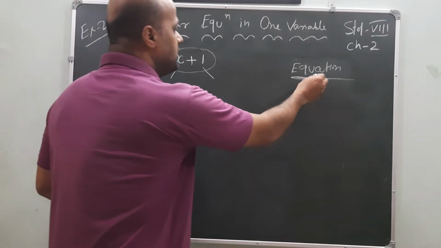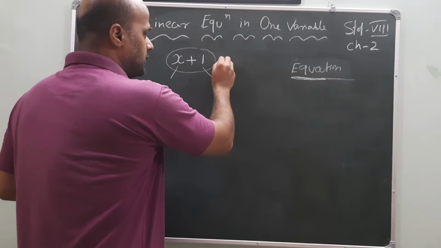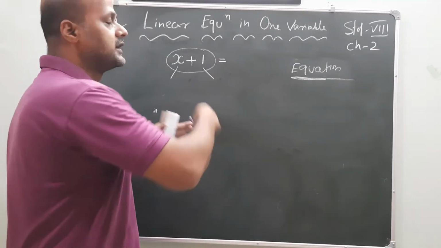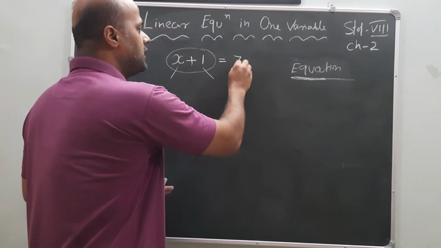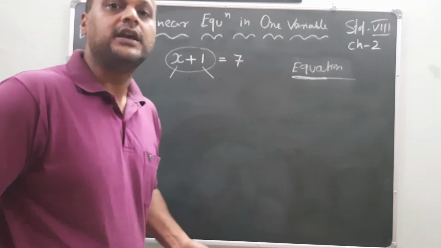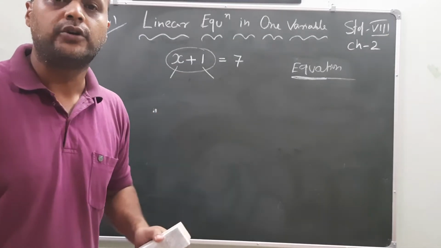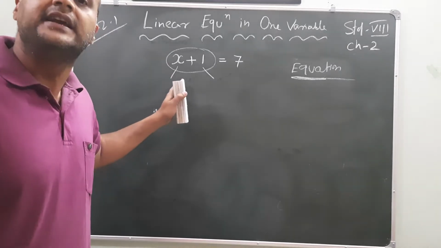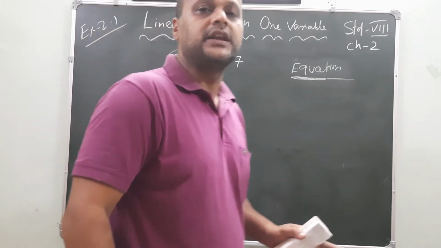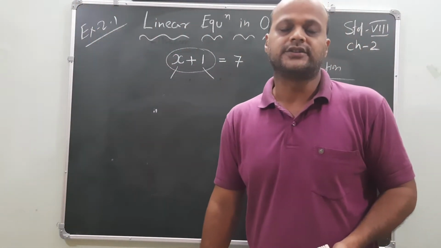If an expression is paired with an equal symbol and the result is again a constant, then this is called an equation in one variable. Here the variable is x. So I will say that this is called a linear equation in one variable. Understood, my dear friends?